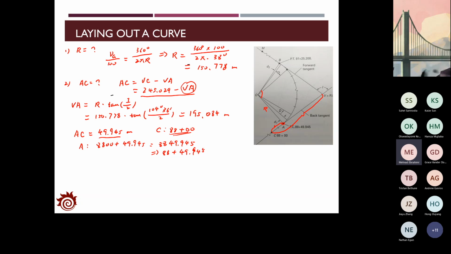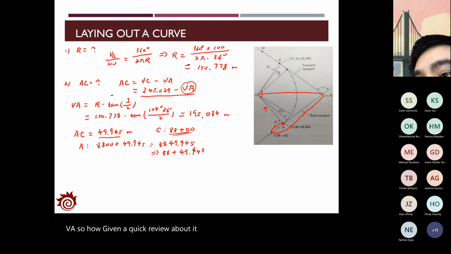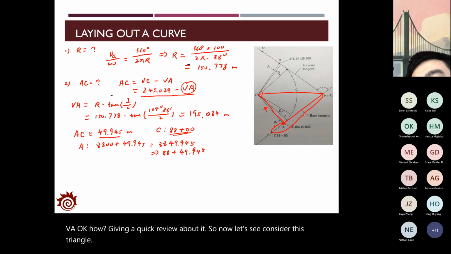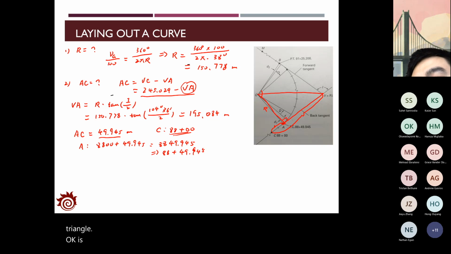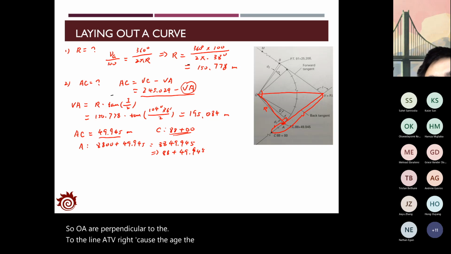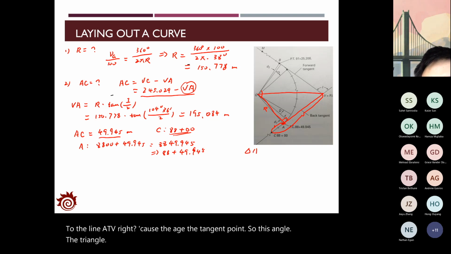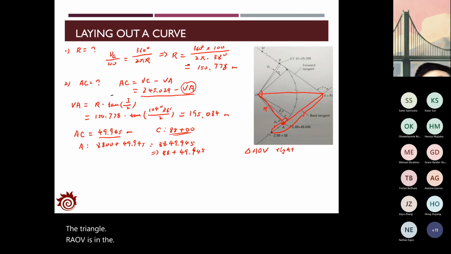VA, okay. So I'll give you a quick review about it. Now let's consider this triangle. OA is perpendicular to the line AV, right? Because A is the tangent point. So the triangle AOV is a right triangle, right?